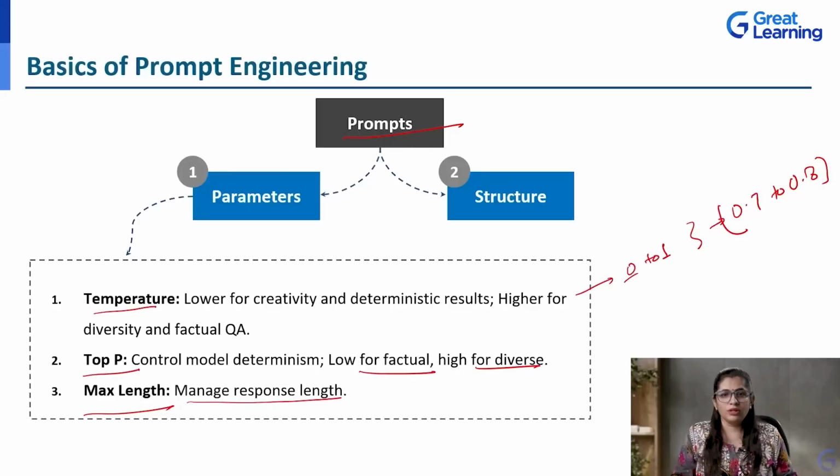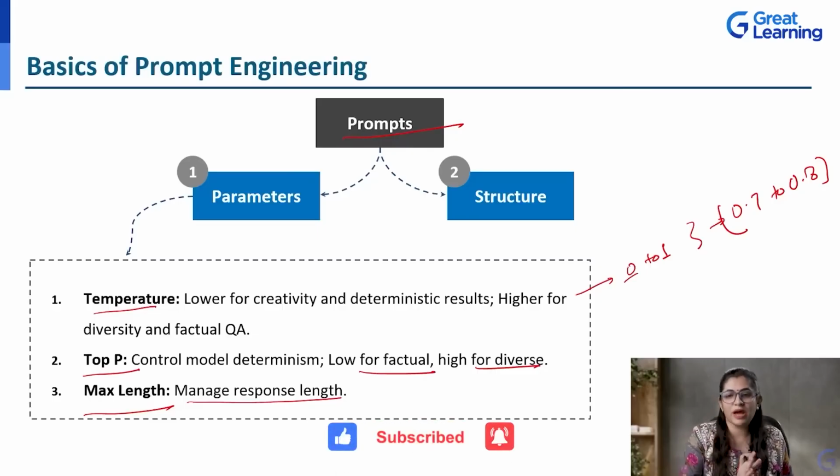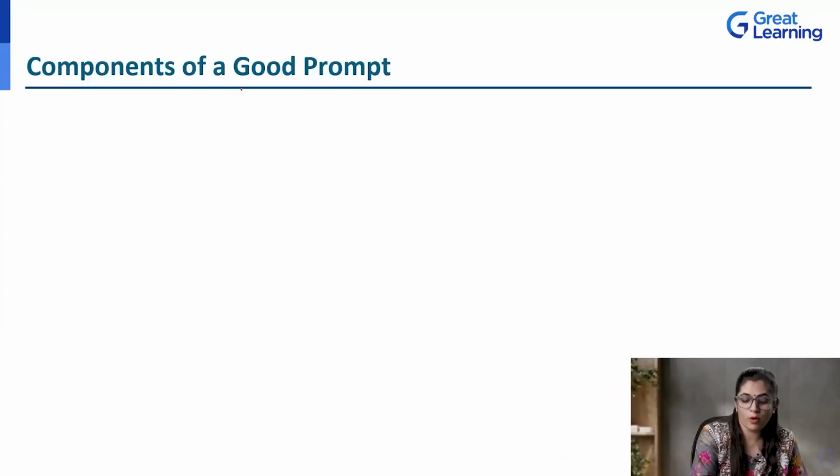So, now you have understood what is prompt engineering, what is a prompt, and what are the two main components of your prompt, that is parameter and structure. Now let's see components of a good prompt. What we mean by good prompt is that your ChatGPT, your generative model, gives you a good output, your good outcome, and you have less feedbacks for your ChatGPT or generative model.